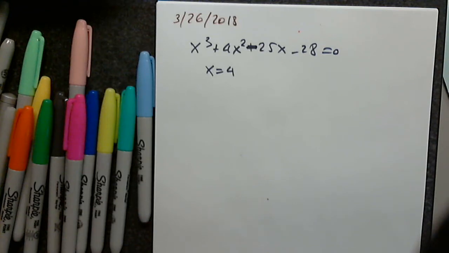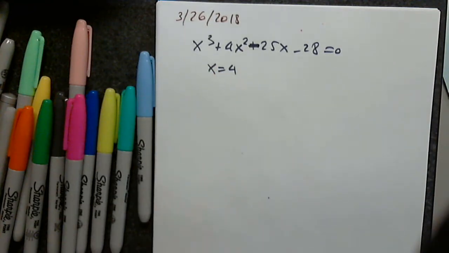If I substitute x by 4, and what should the answer be? If it's not 0, then it's not the x-intercept. When y is 0, we should get x equals 4.